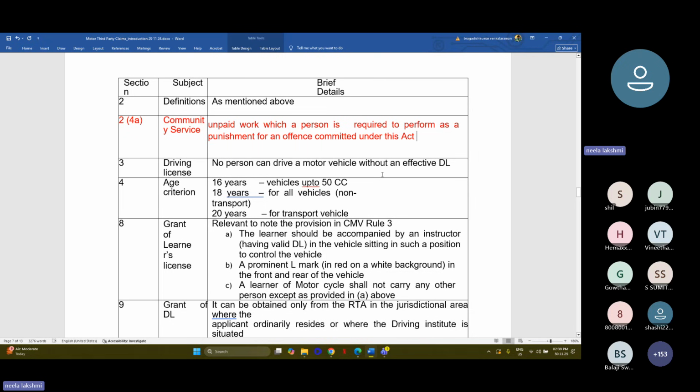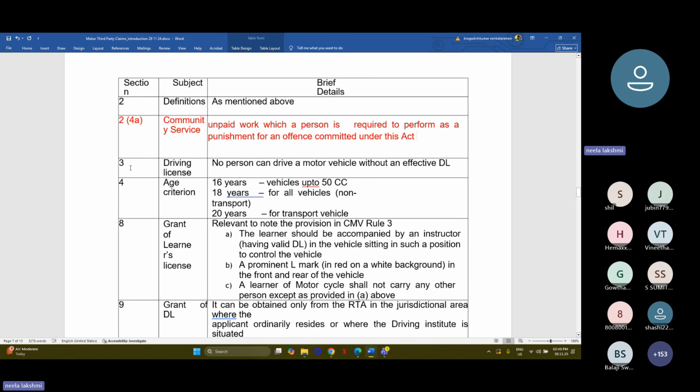This is a new introduction for small petty wrongdoings. This may be used instead of going for corporal punishments or financial punishments. This unpaid work which a person has to undertake as a punishment for an offence committed under this Act is a new introduction.